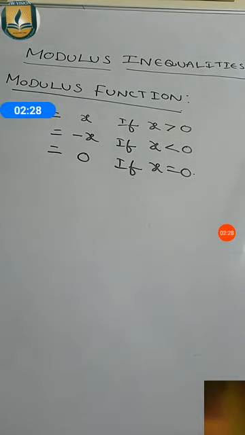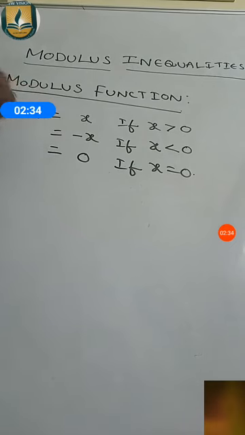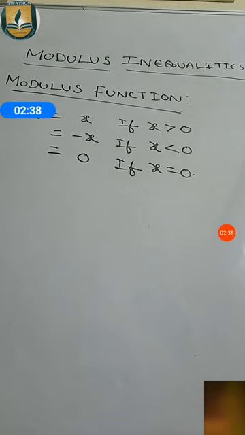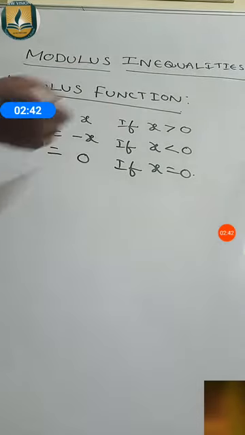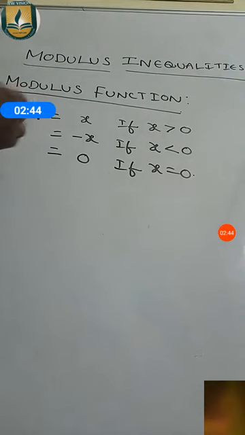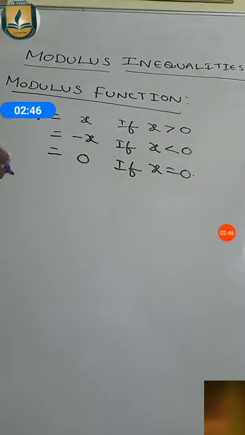See, my dear students, the modulus function is defined by this symbol, two parallel lines with x between them. That is defined as the same x if x is a positive number, and minus x if x is less than 0, and 0 if x is equal to 0.